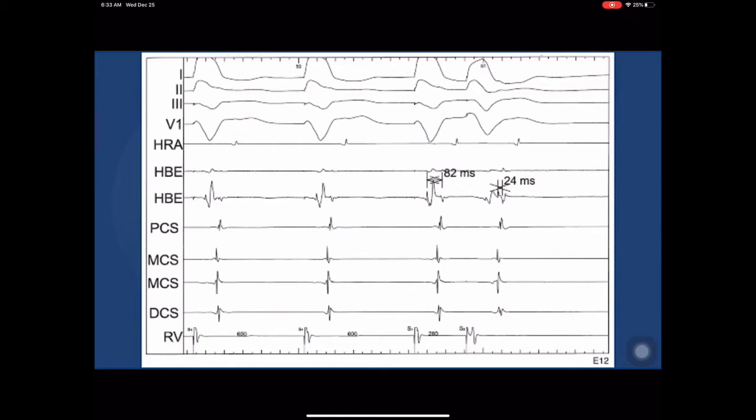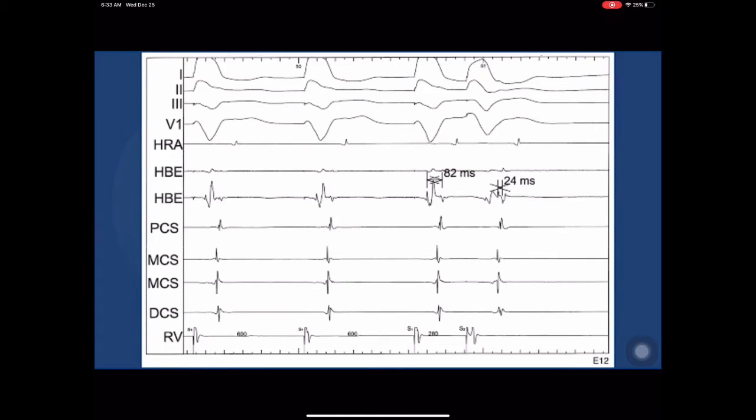What this premature beat does is it takes this His tracing here, and the premature beat puts the His tracing out here. The reason for that is that when you're going up the right bundle, you suddenly block the right bundle, you go transseptal up the left bundle, and you activate the His in a retrograde manner over the left bundle. Now, when you do that, you see that the HA interval shortens here.